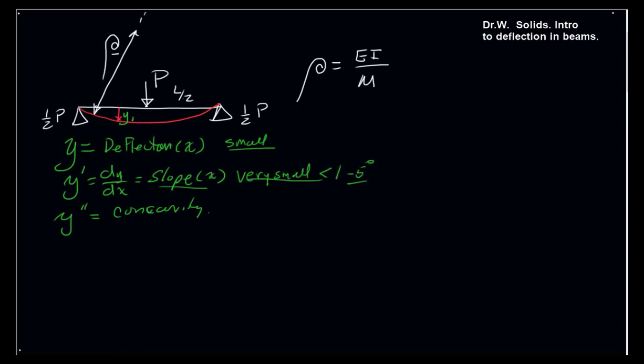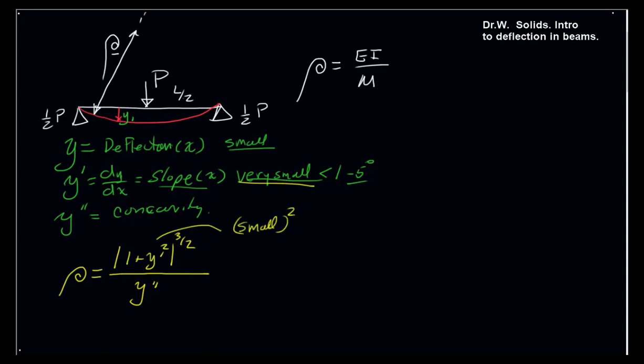Using calculus, we can determine the radius of curvature. Rho is 1 plus y prime squared to the 3/2 power over y double prime. And y prime here is fairly small, and we're squaring it, which is going to make it even smaller.